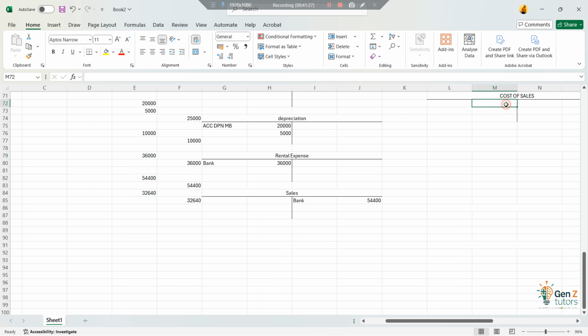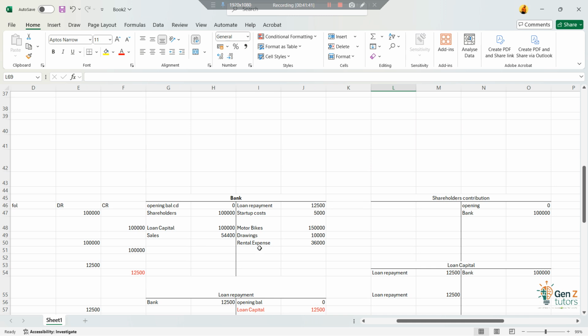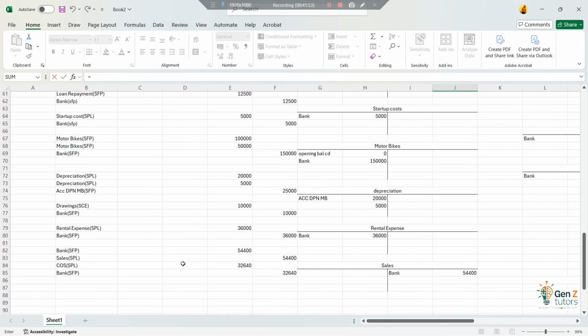And then you put that in there, and at the very same time you prepare our cost of sales. Cost of sales, okay, that's fine. We just make that in capital letters.